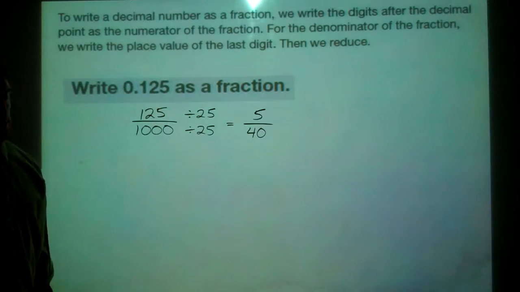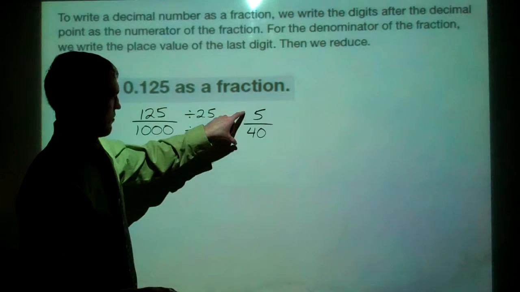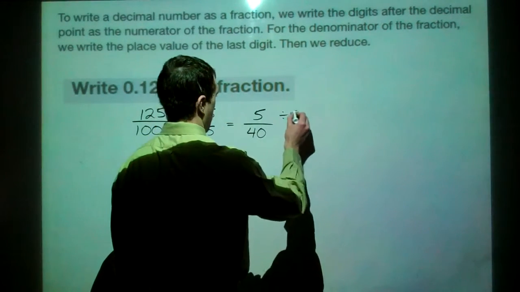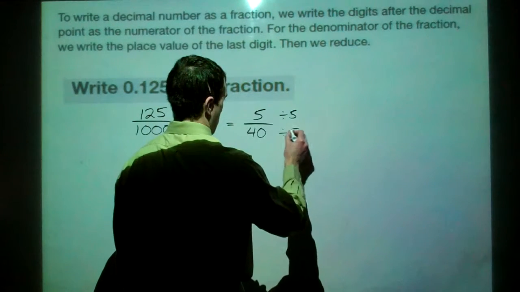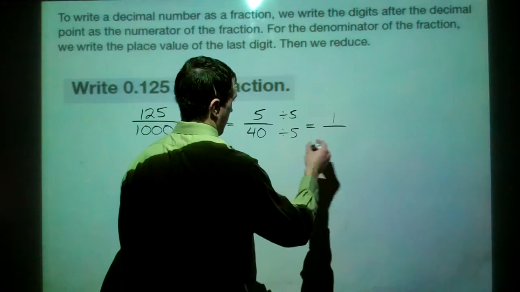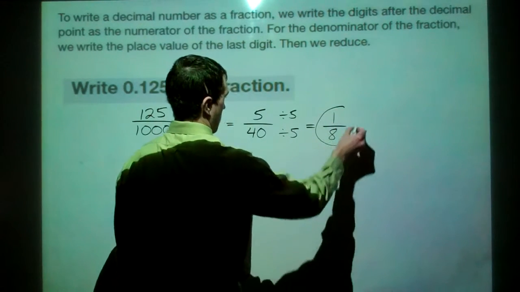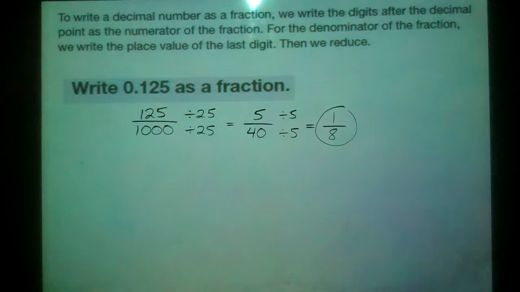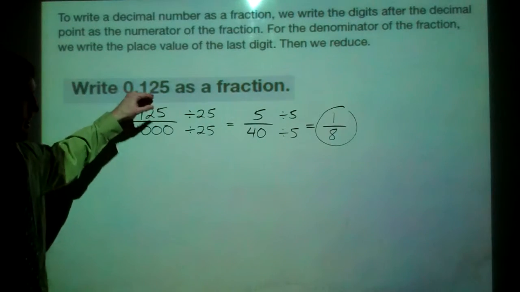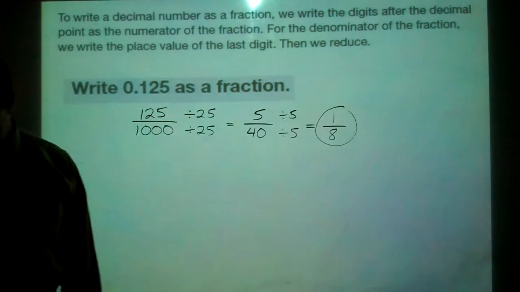And I'm not done yet because I know that 5 goes into 40 8 times, so we'll divide by 5. And we get 1. 5 divided by 5 is 1, 40 divided by 5 is 8. We should get 1/8. So this 125 thousandths as a fraction is 1/8.